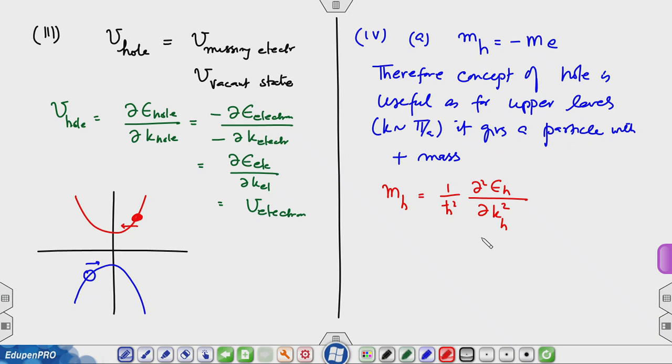So, I am just doing mass of hole to start with, and this is going to be equal to minus 1 over h cross square d 2 epsilon electron divided by d k electron square. Notice that k hole is minus k electron, but because it occurs twice, the sign does not change, and this is equal to minus m e.